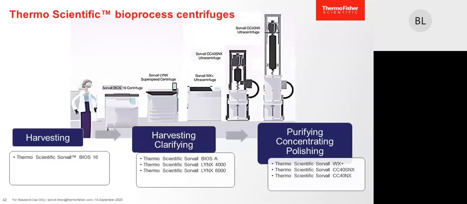The separation by density with the centrifuge, the separation with the chemical or affinity or ion exchange, which is the chromatography, or the separation by size, the ultrafiltration. So these 3 technologies use a different physics to make the separation. And depending on the process, they can replace each other or not. It's really up to the science.